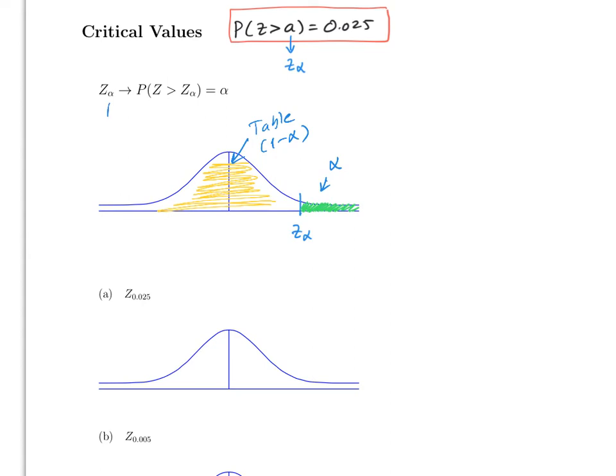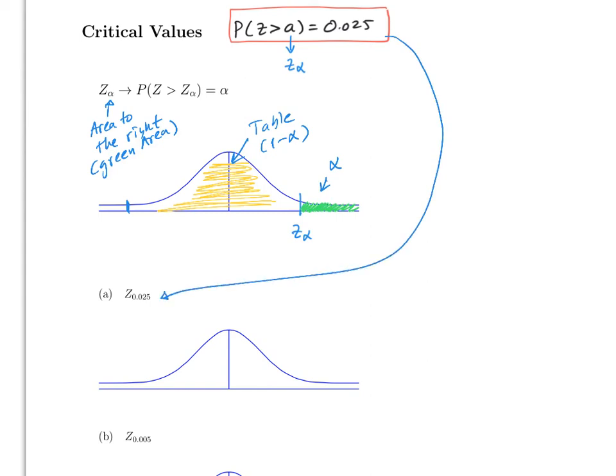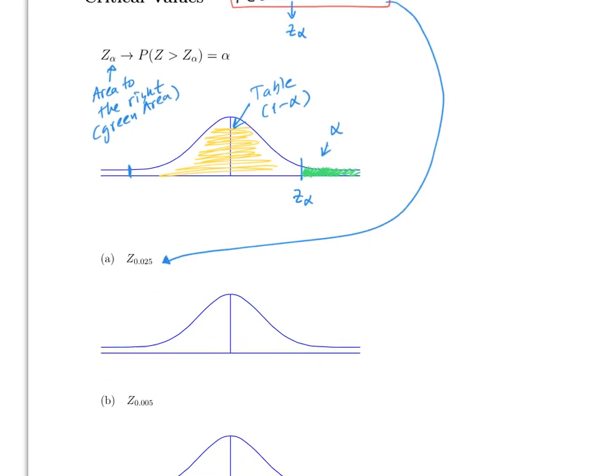So pretty much alpha is going to be the area to the right all the time, or what we call the green area. And if it is negative, it will be on this side, but it's the exact same thing. So we did these problems already. This is essentially this problem with a new notation.